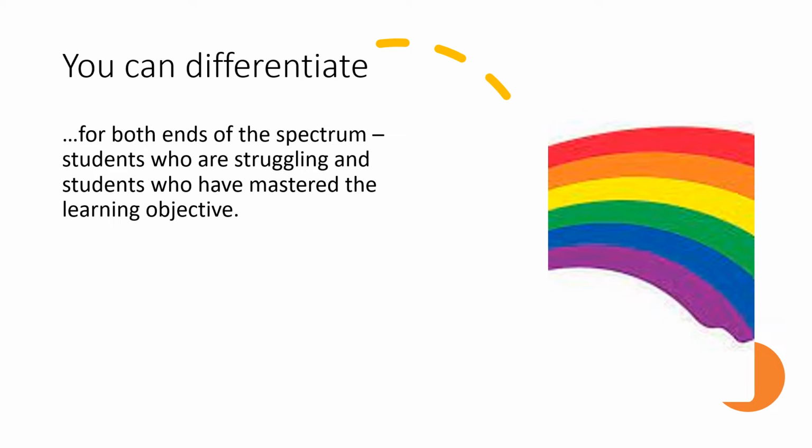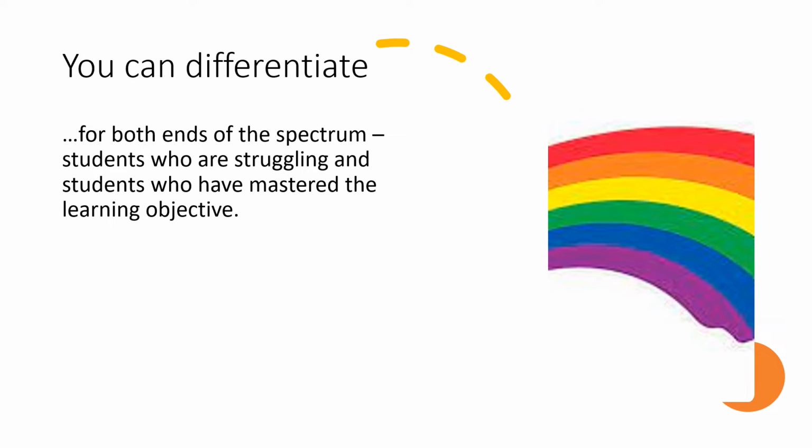It's important to understand that you can differentiate for both ends of the spectrum, students who are struggling, but also students who have mastered the objective. Why should you care about differentiating for students who have already mastered the objective before you begin teaching? I like to think that a student has a right to learn something new every day.